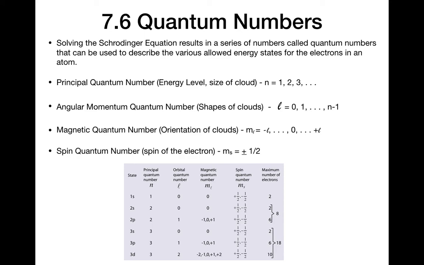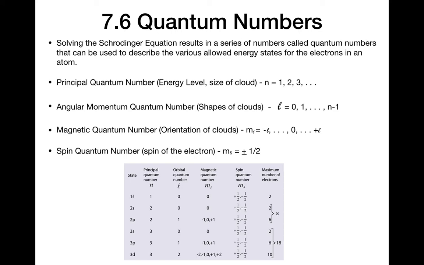The chart down below takes you up through the first 3 energy levels. We have the 1s, where n equals 1, so L equals 0, so m sub L equals 0, so the spin equals plus or minus 1/2. That's 2 electrons in the first energy level, which only has a 1s sublevel.